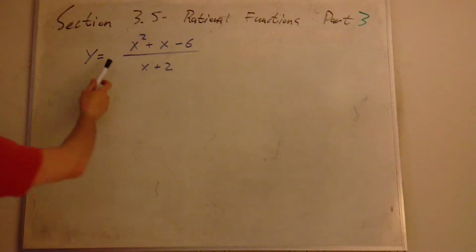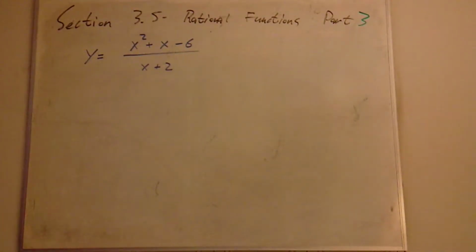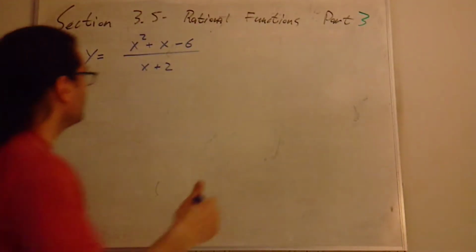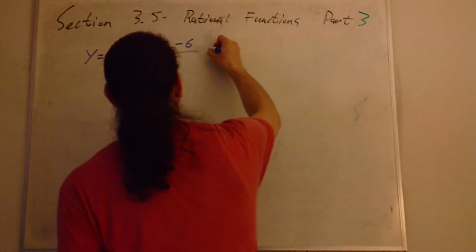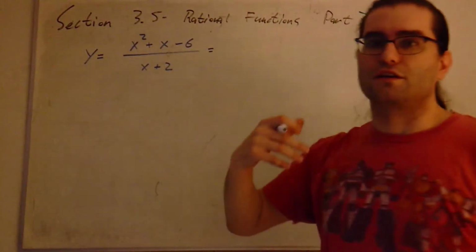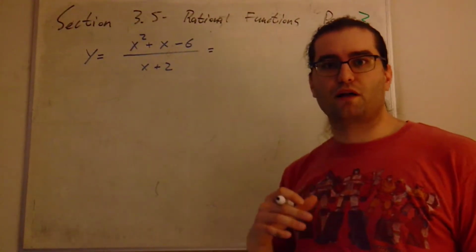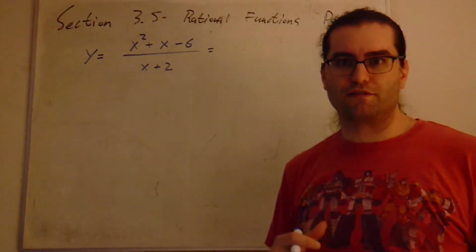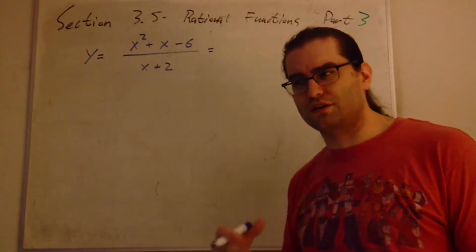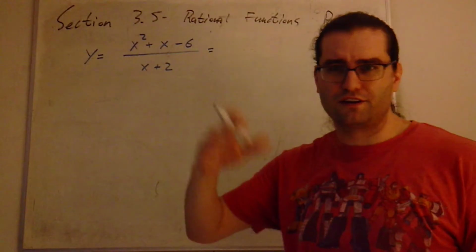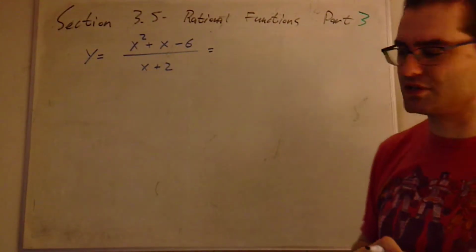I have here an extremely nice looking example for us to play with, and I'm going to get started right away by factoring it. You're going to have to factor the tops and the bottoms of these pretty much every time. The first one we started with was the linear and the linear. It's nice. It's not what most of these are going to look like.